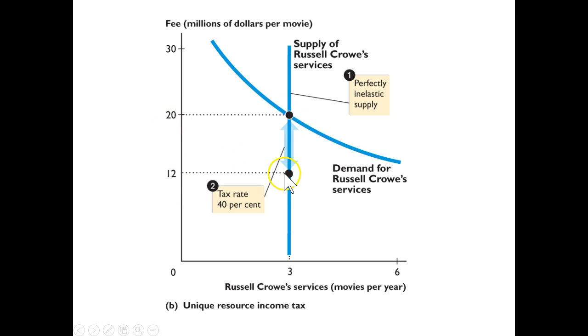But we can see that even at $12 million, he's still willing and able to supply services for 3 movies. So we can say, due to his inflexible or perfectly inelastic supply curve, we can impose a tax on Russell, and it will not result in any deadweight loss, despite the fact the entire burden of the tax is being imposed on him.